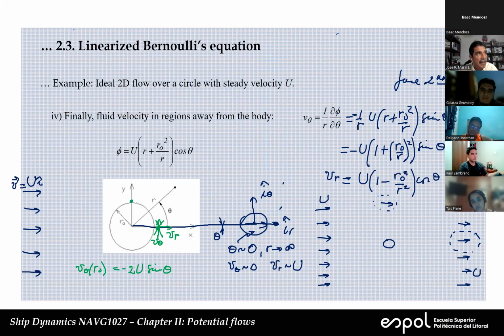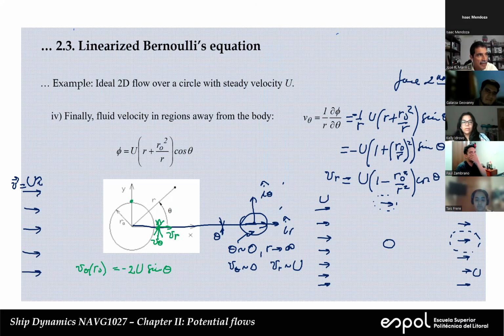Okay, how about here? What's the value of theta about here? Isidro, here. Theta would be pi over 2. 90. And the sine of theta would be what? Positive. How much? Sine of 90. Right away. Sine of 90.